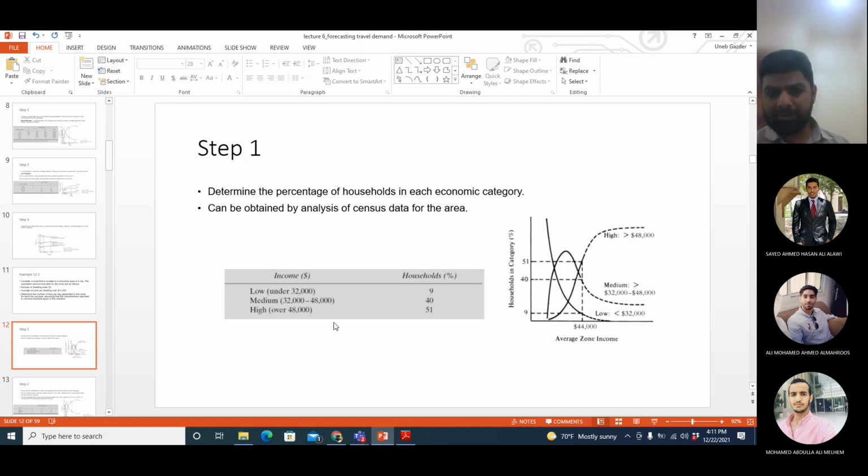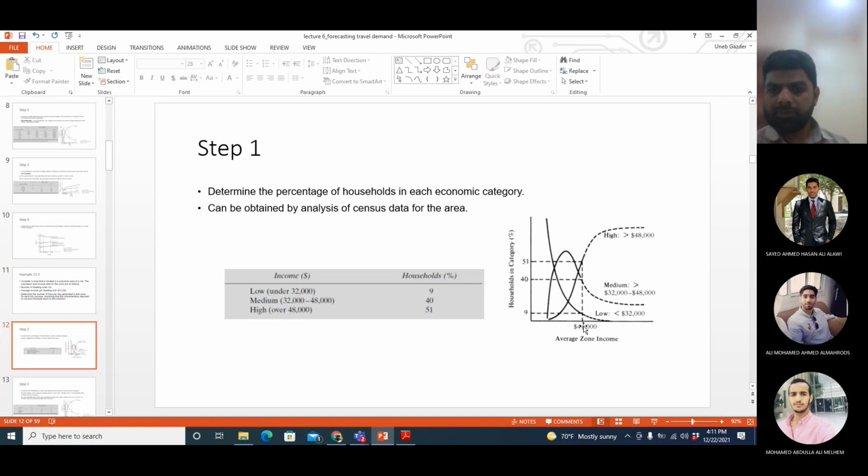Okay, and if you plot these three in the graph which we have developed for the 20 households, the average is already given as $44,000.